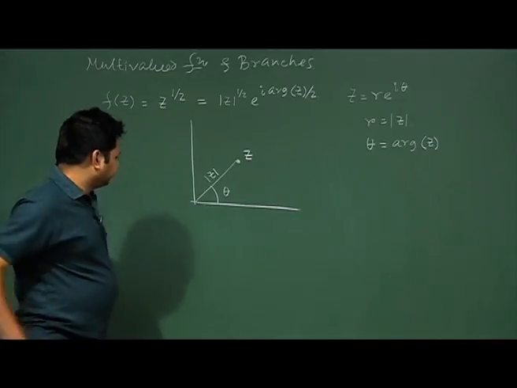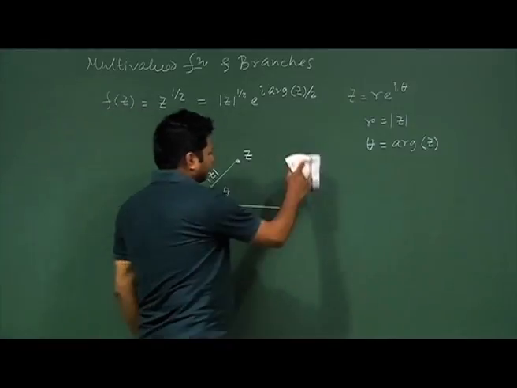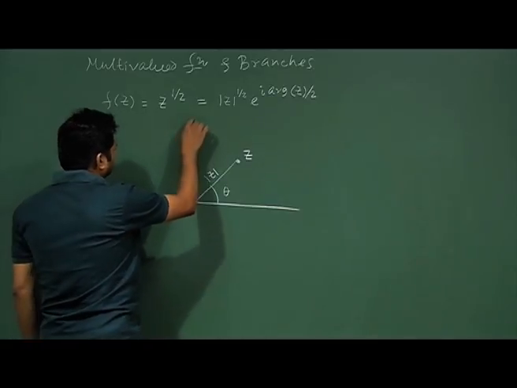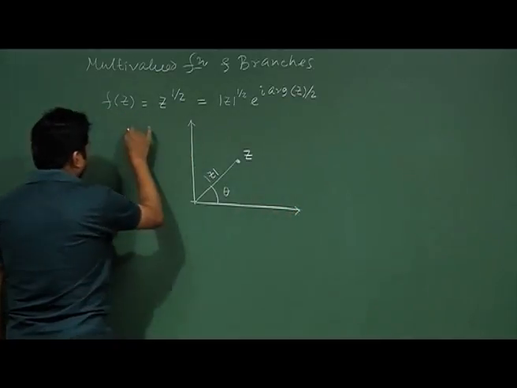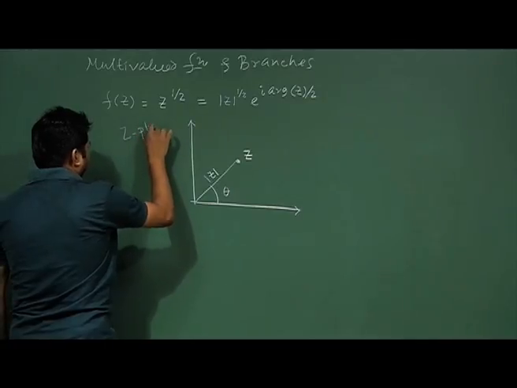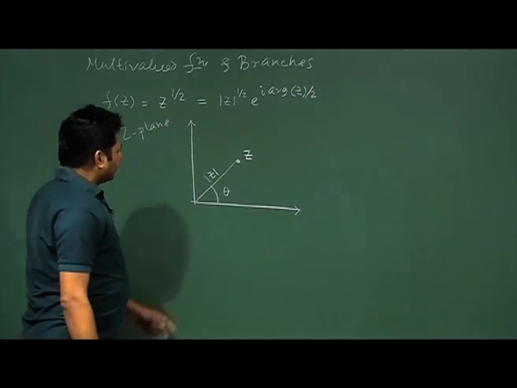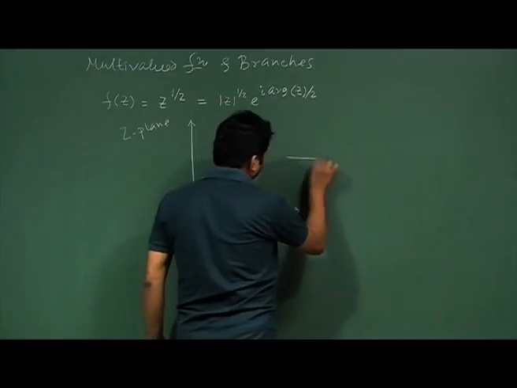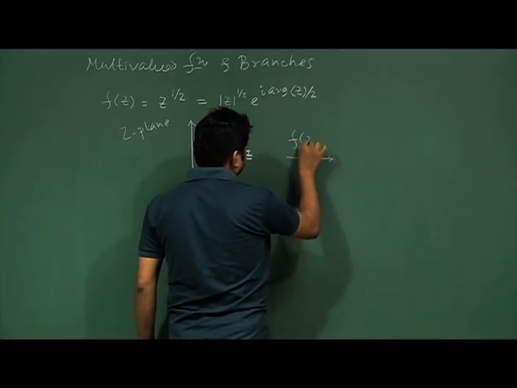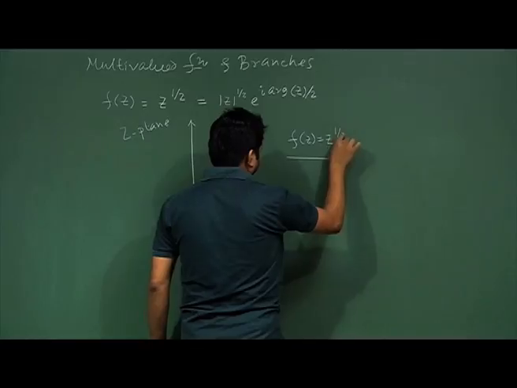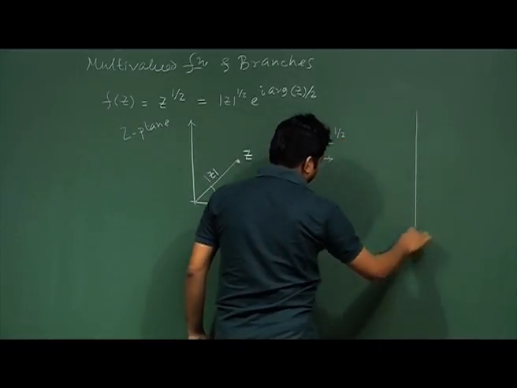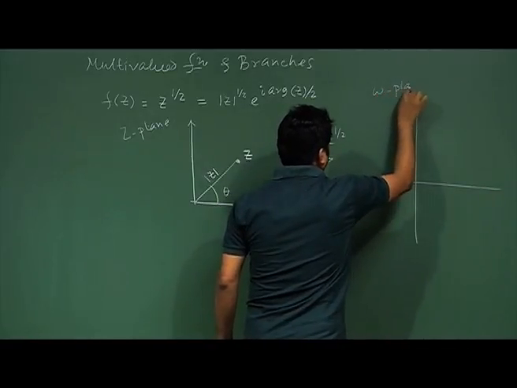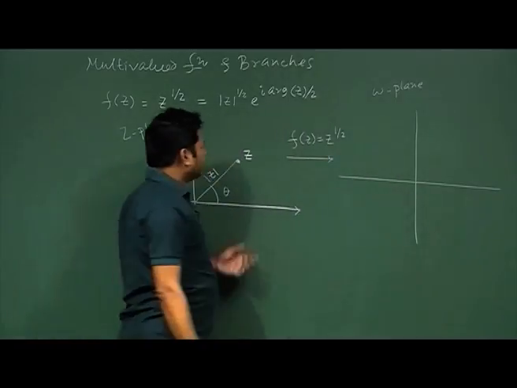If I have a point here, this is in the z plane. Now this is related to a function f of z, which is z to the power half, and we can plot these things in my w plane, where this function can be represented as u plus iv.